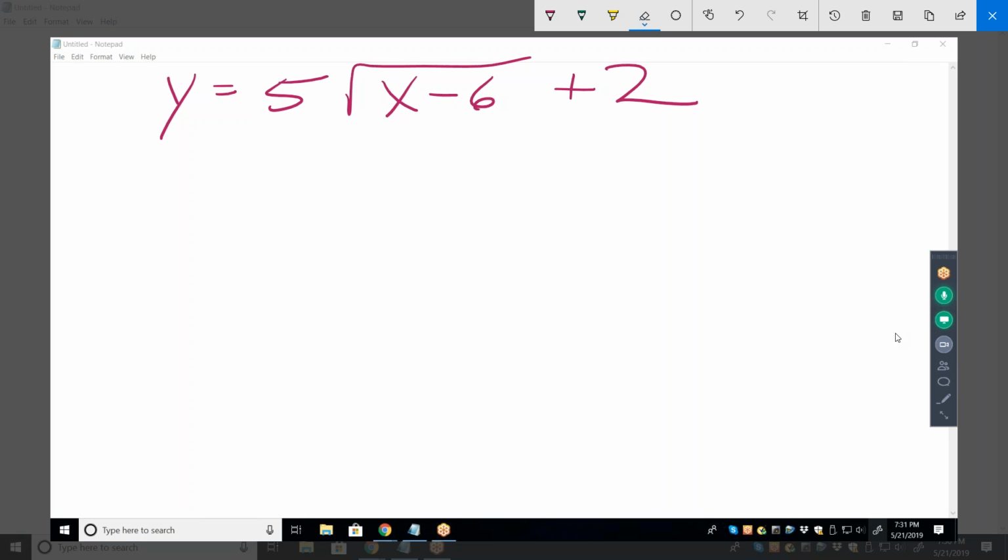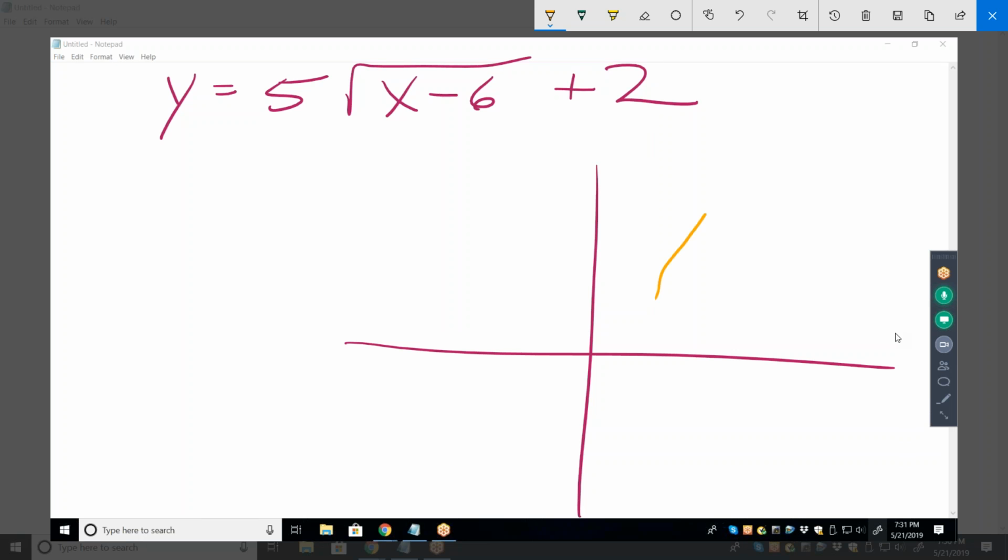However, when we come to range, if you'll remember what our curve looked like, the final one, and this point was 6 comma 2.